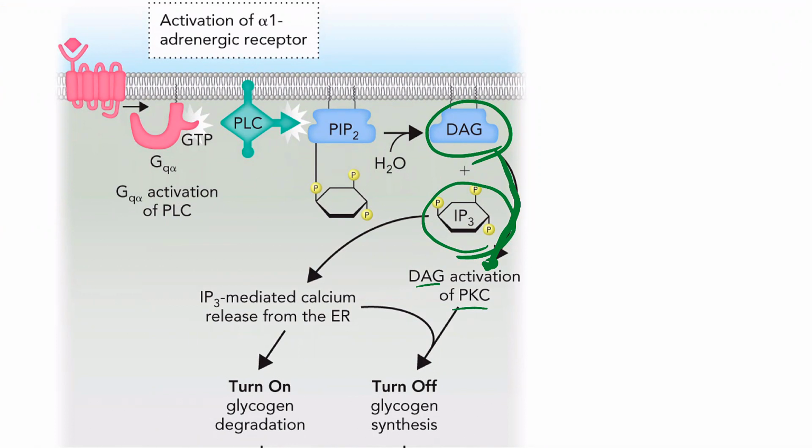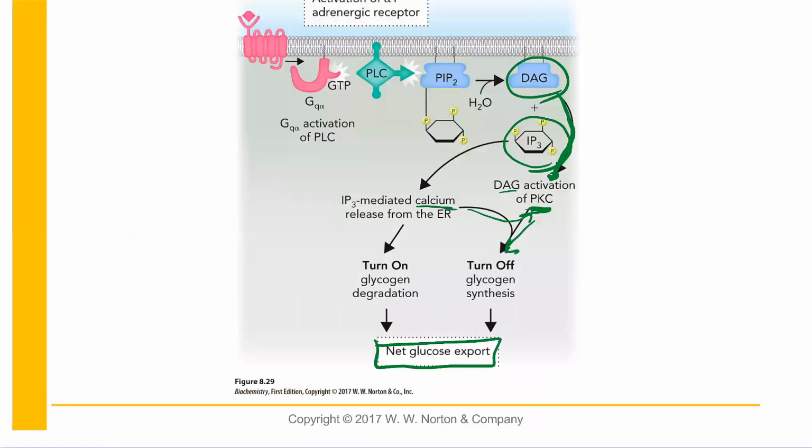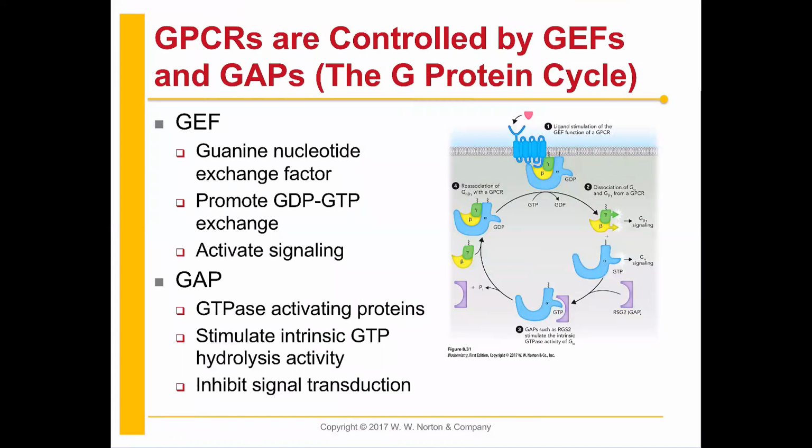But at the same time, that calcium that was released from the ER is going to further activate our PKC. So together that is going to promote basically the off switch for glycogen synthesis, right? So the end result is net glucose export, and that's what we want. So you just have to go back over these diagrams and see that you can follow along.